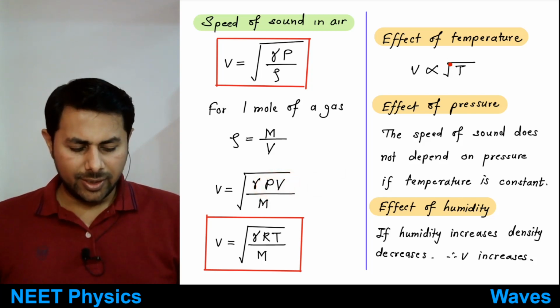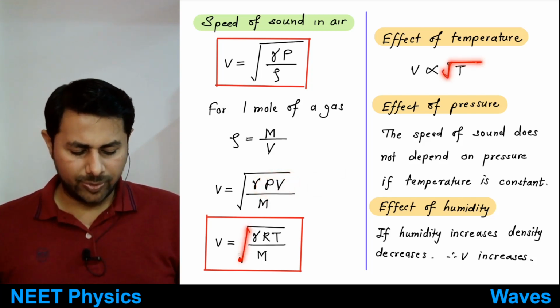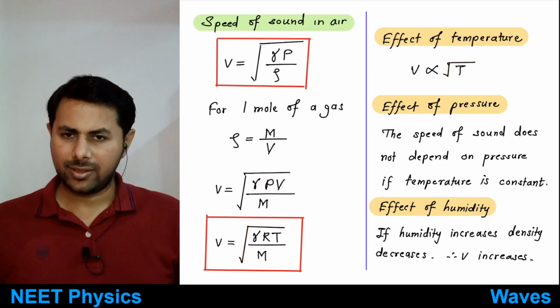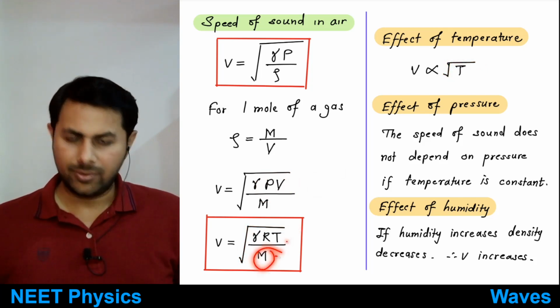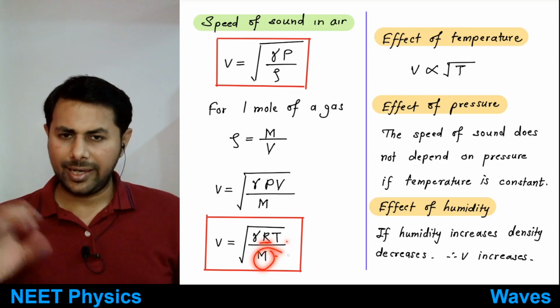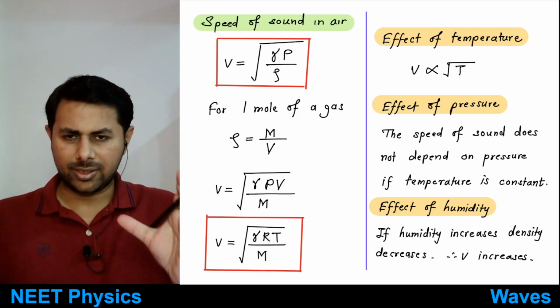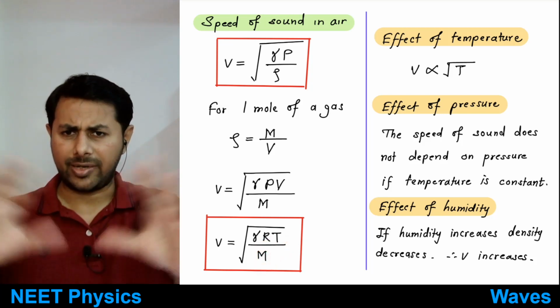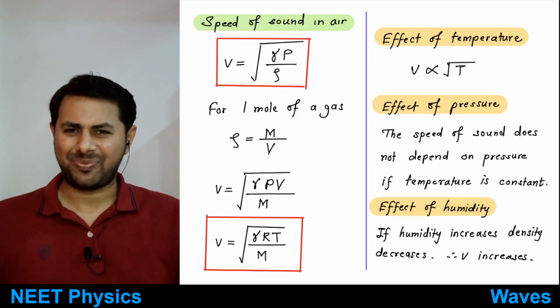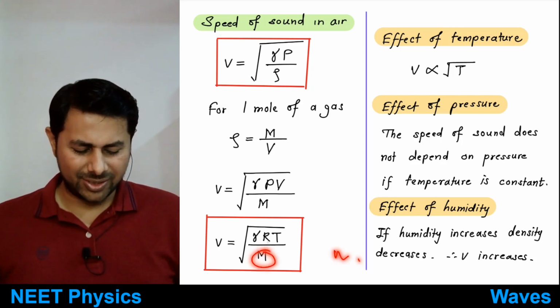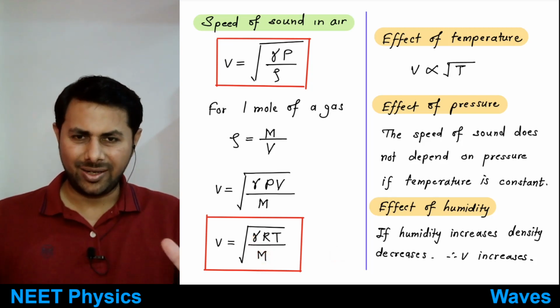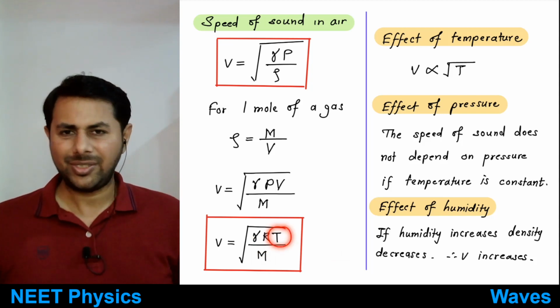Because you have this formula, R is a constant. If you take some sample of air, then M would be constant, and gamma would be constant for that air. What can change? Temperature can change, then there would be a change in speed.